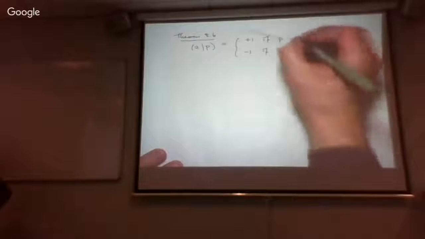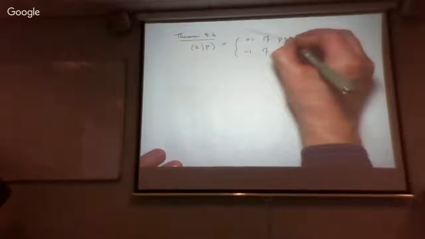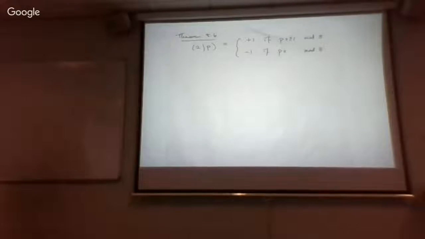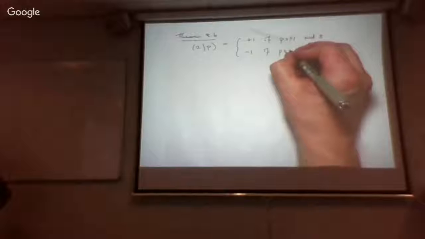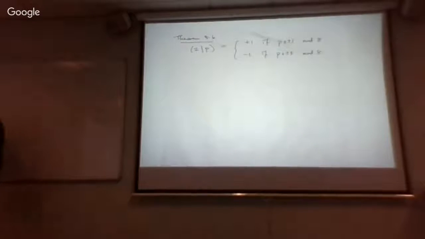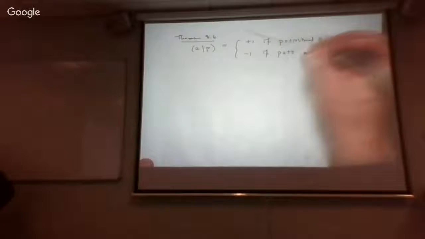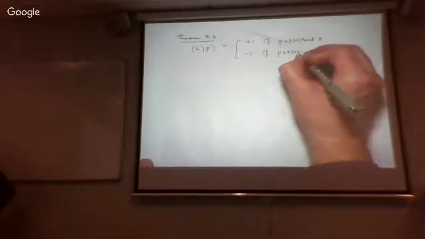The way the classification works is if p is plus or minus 1 modulo 8, then 2 is a quadratic residue, and if it's plus or minus 3 mod 8, then it is not. Plus or minus 1 is 1 or 7, and plus or minus 3 is 3 or 5.